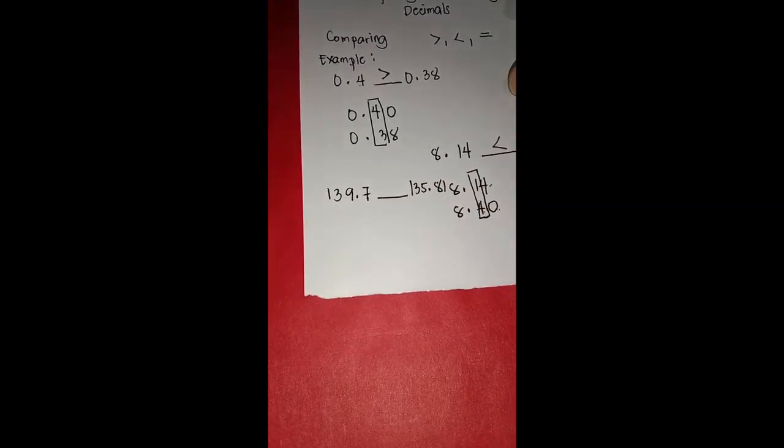Okay, ulitin natin. So 139 and 7, i-compare natin by 135 and 81 hundredths. So first, we need to rewrite the decimals. So 139 and 7 tenths, 135 and 81 hundredths.